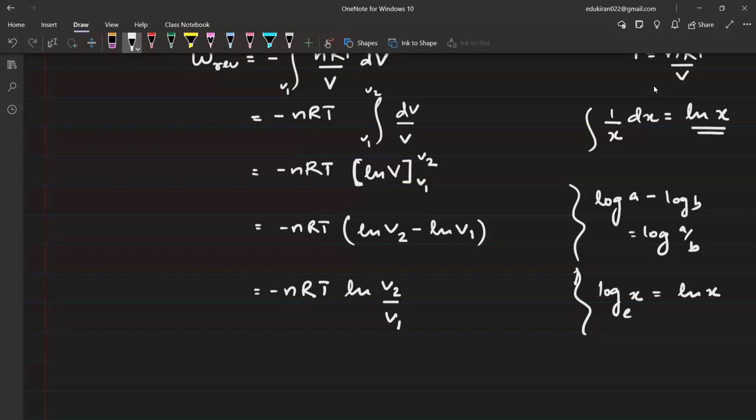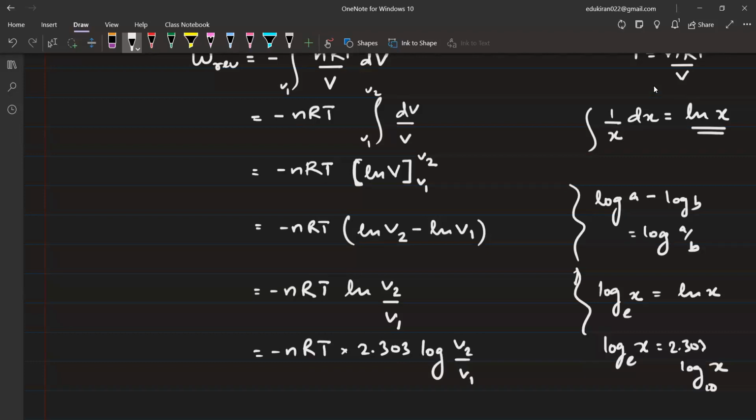If I want to convert this to log with base 10, then log with base e of x is equal to 2.303 log of x to the base 10. So replacing ln v2 by v1, we get minus nRT into 2.303 log of v2 upon v1.